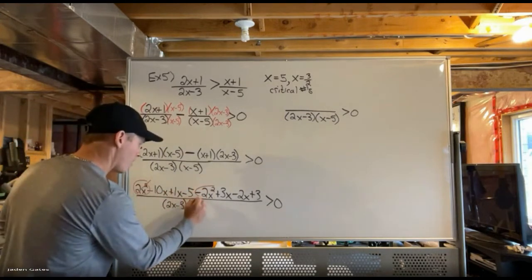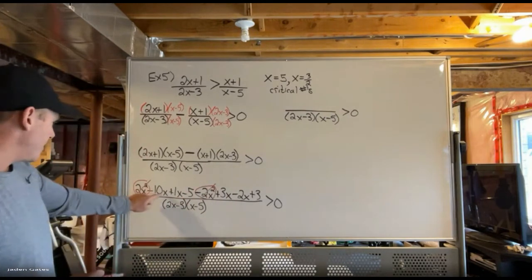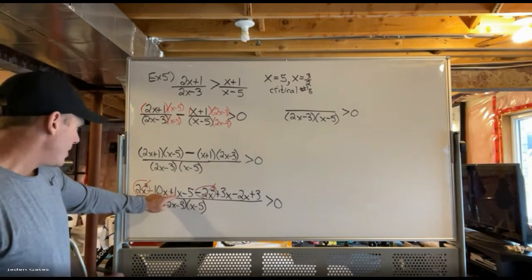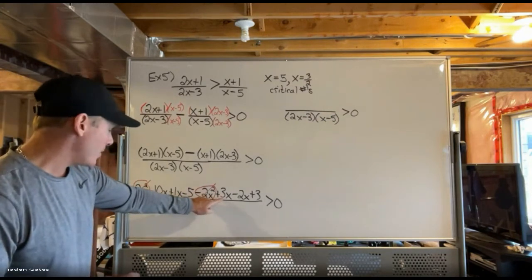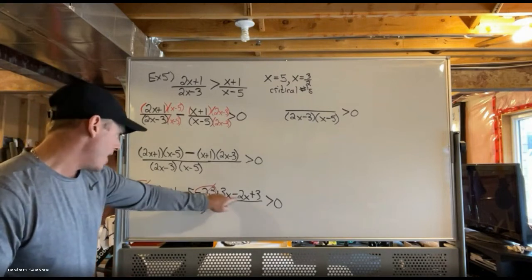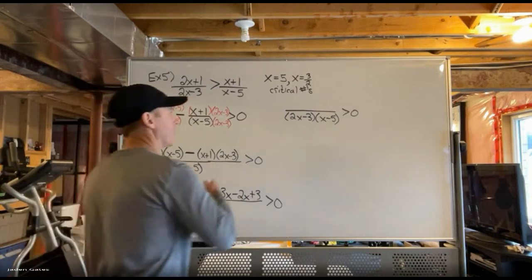Perfect. It's not going to be a quadratic equation we're solving here. All right, but then I got a minus 10x plus an x, so I'm minus 9x. Plus 3x, so now I'm minus 6x. Then minus 2x, so that's a minus 8x. I want to put all the x's together.